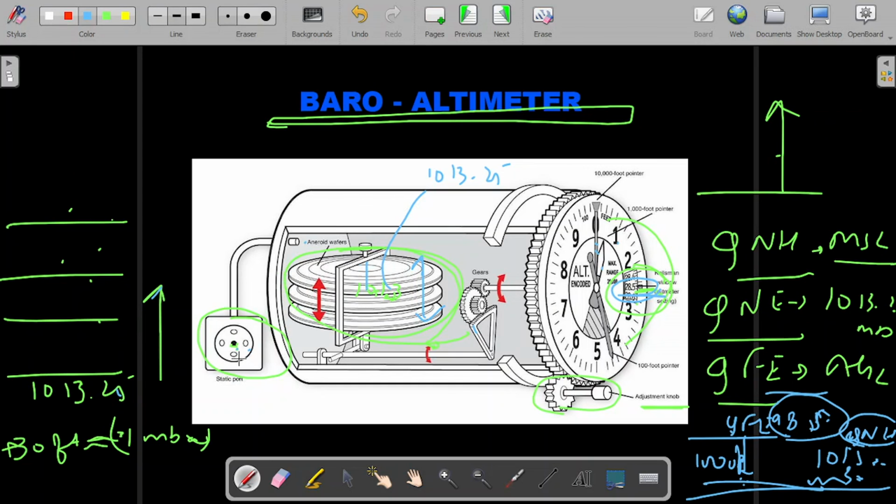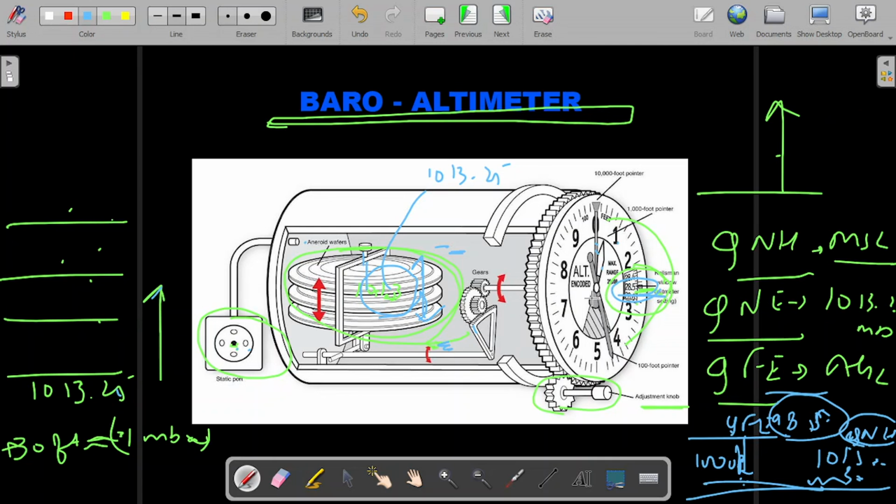As you go up, the static port will sense the change in pressure. The pressure outside the chamber reduces, which leads to an increase in the size of the bellow. The bellow will start inflating, and the movement of the bellow will be passed through these linkages, and that's how the height will be shown in the aircraft.